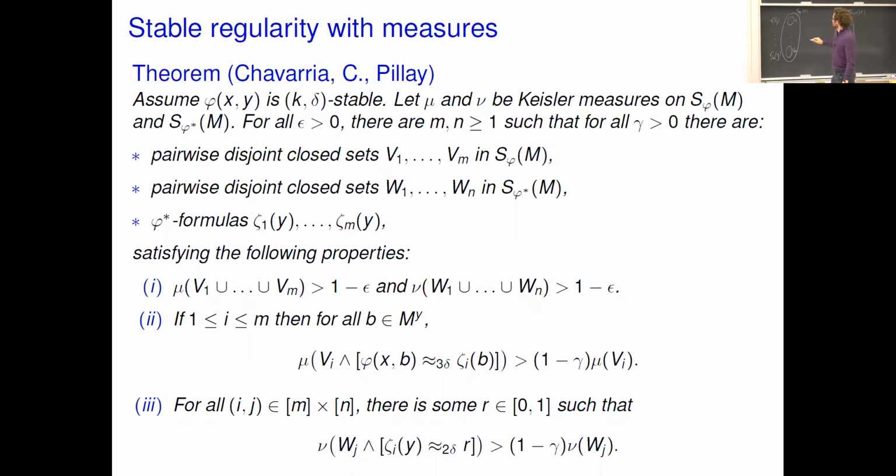First one says that if I look at a Vi and I take any point over here, b, on the y side, and I look inside this little piece, let's say V1 here, I look at what's the set of elements where the value of the formula, so if this is an a and this is b, now fixed b here, I look at where is that within 3 delta, for various reasons, of what this associated phi star formula thinks if I plug in b, so this would be zeta 1 of b.